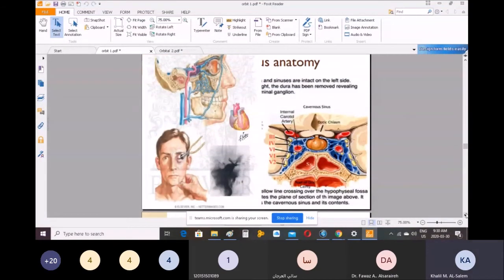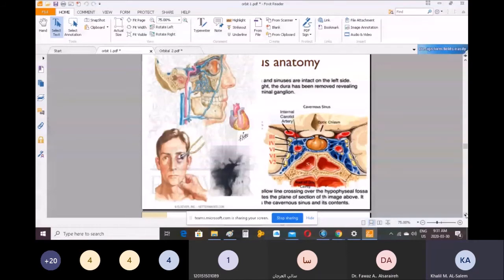Okay, so what is the cavernous sinus? The cavernous sinus is a pool of, let's say, veins in the brain that has a negative pressure, because any vein in the cranium has a minus pressure.